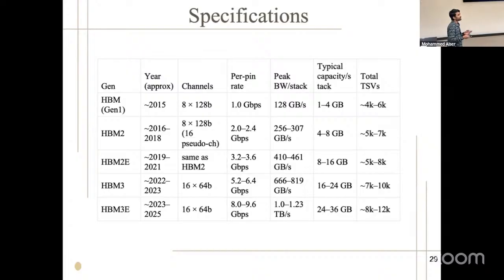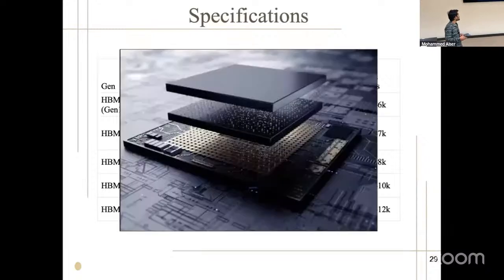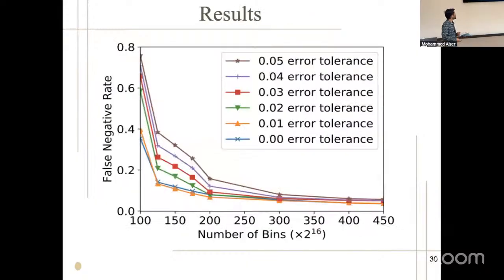If we multiply the number of bins with the possible bit vector size, we get the total size of the bit vector of the whole reference genome, and that is the memory we need to store. Based on that, we need to check the memory and design accordingly. This is a simple picture of the 3D stack memory nowadays, to give you an idea.